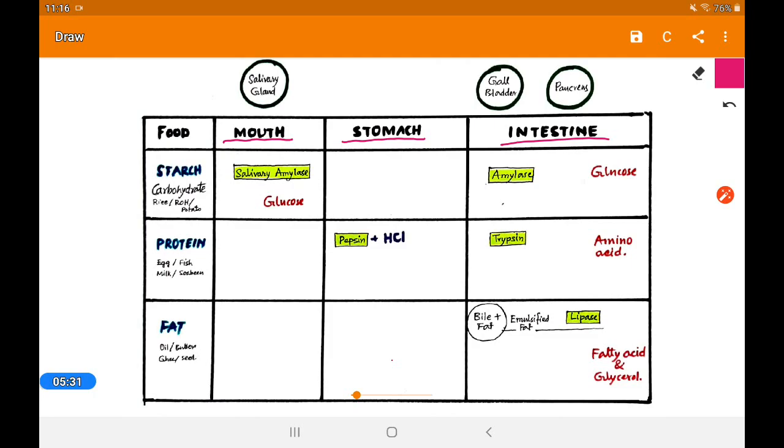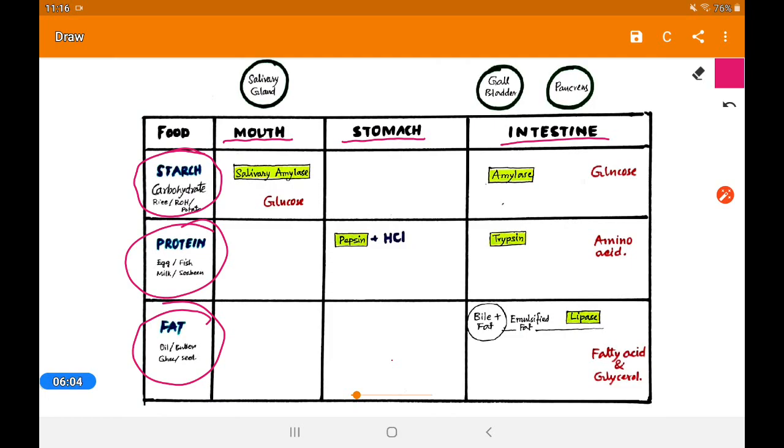Now the food materials that we are eating are of three main types. First is starch or carbohydrate, meaning rice, roti, potato, all the food material that we take in larger amounts. Then the protein material like milk, egg, fish, meat, soybean, all the protein material that we take in our diet.